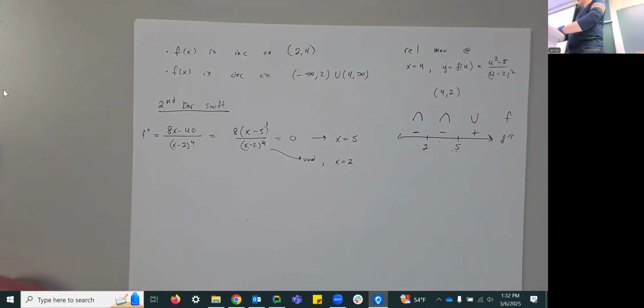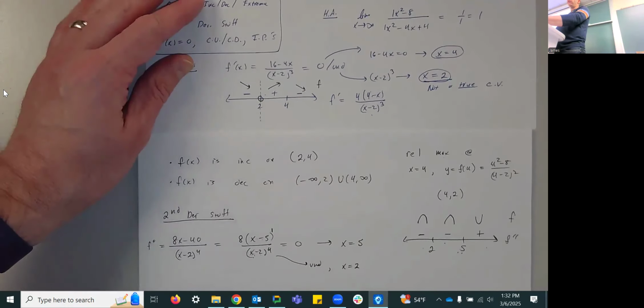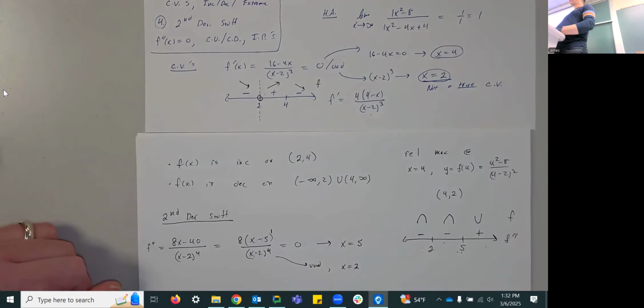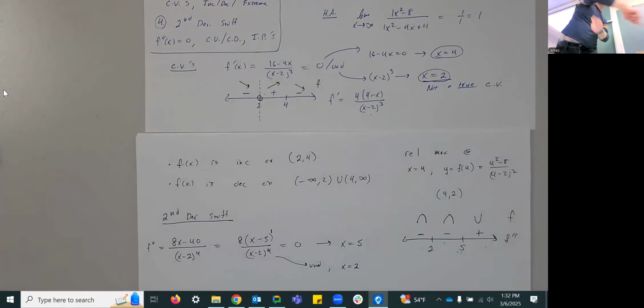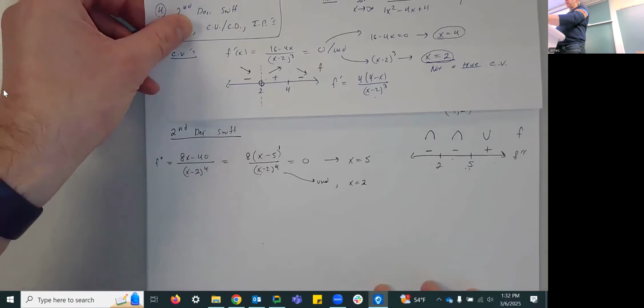When graphing it, I would highly recommend looking at your sign chart for your first derivative, because that, more than anything, is going to tell you about the shape of the graph. It's decreasing, then increasing, then decreasing. That's super helpful. Before I do that, though, I'm going to plot all the things I found.